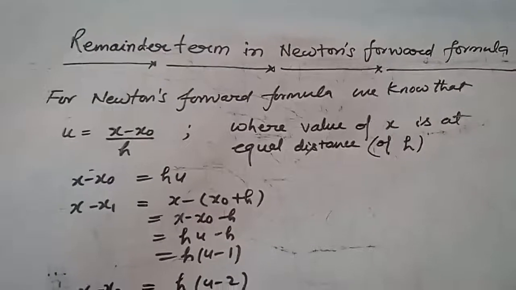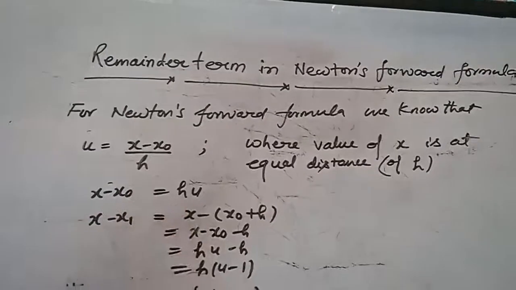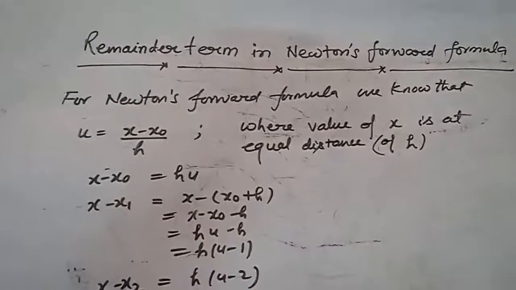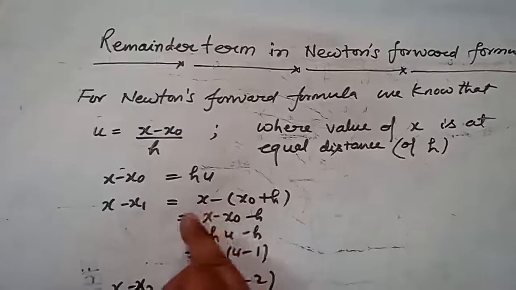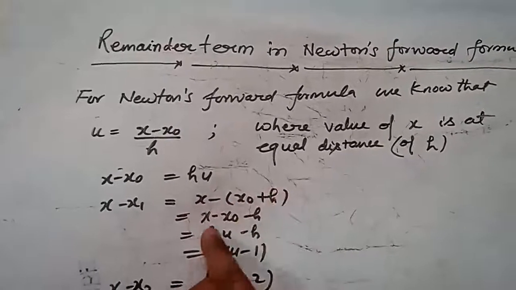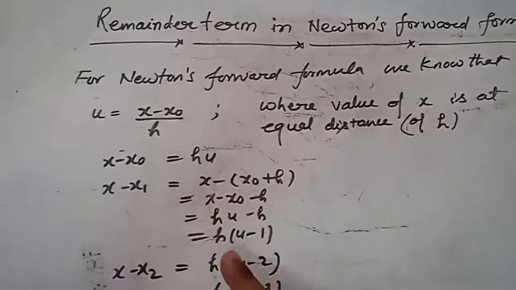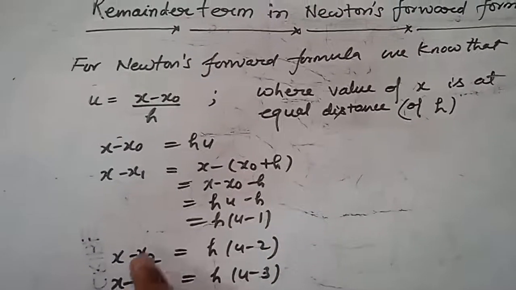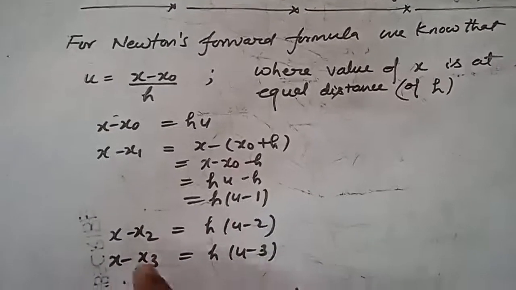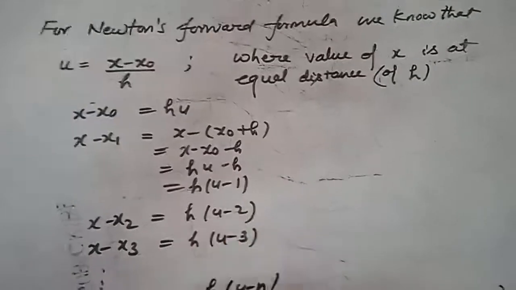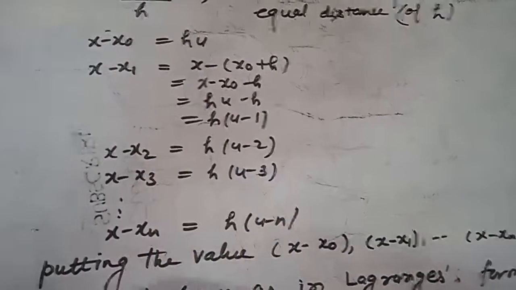In that way, x minus x0 equals hu, x minus x1 equals x minus x0 minus h, which becomes hu minus h, so h(u minus 1). In the same way, x minus x2 equals h(u minus 2), x minus x3 equals h(u minus 3), and x minus xn equals h(u minus n).